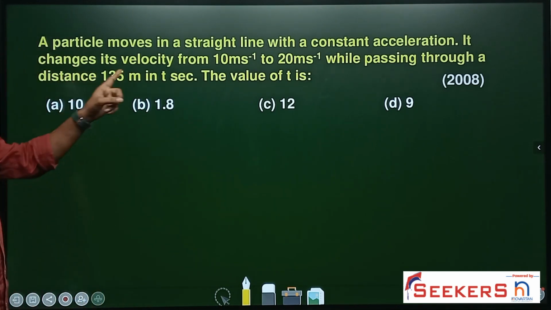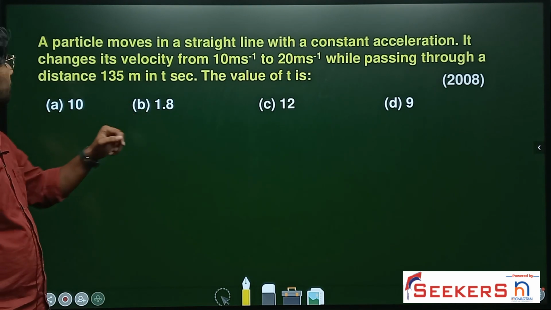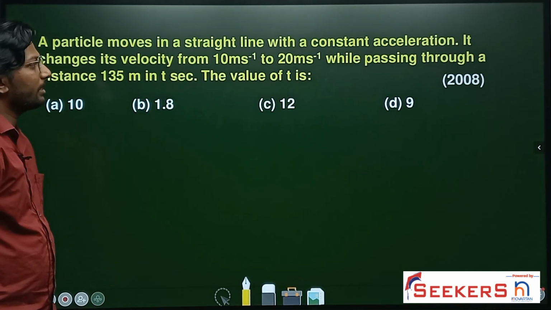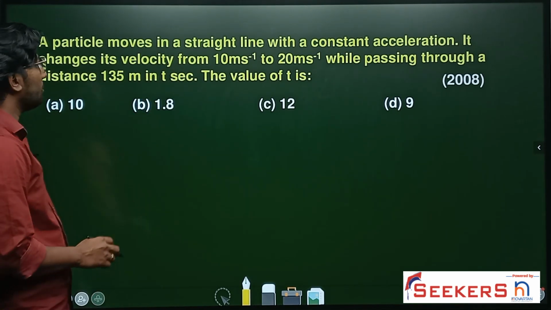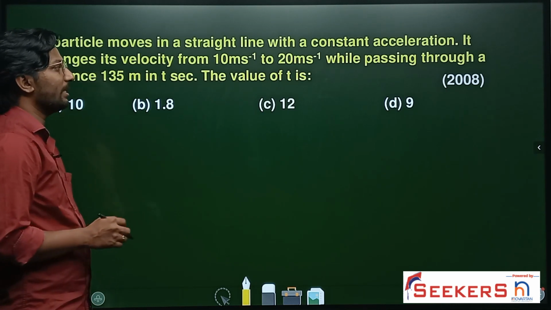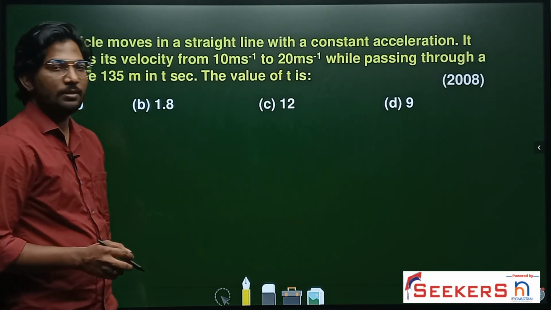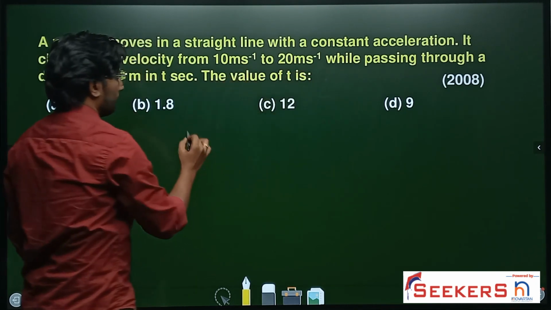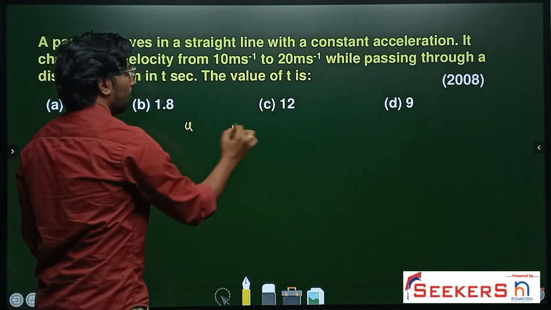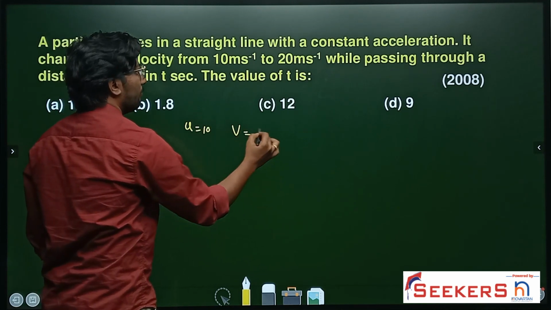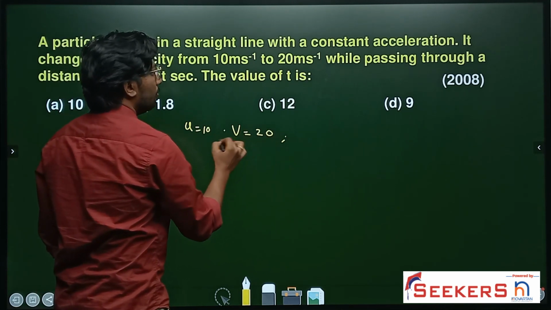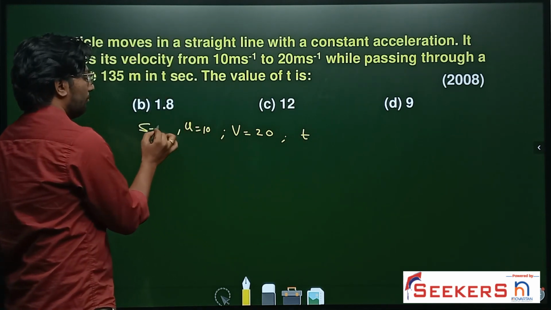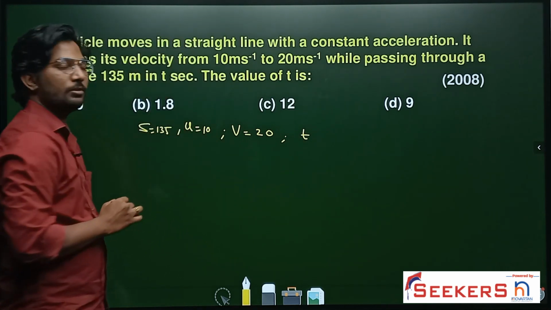A particle moves in a straight line with a constant acceleration. It changes its velocity from 10 meter per second to 20 meter per second while passing through a distance of 135 meters in t seconds. The value of t is. Now, this question is given with initial velocity u, final velocity v, initial velocity 10, final velocity 20, and it finishes this in some value of time by covering 135 meters of distance.